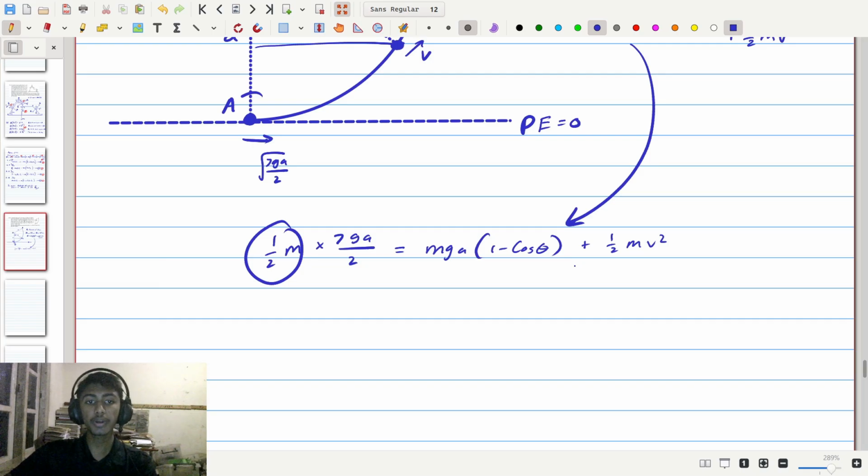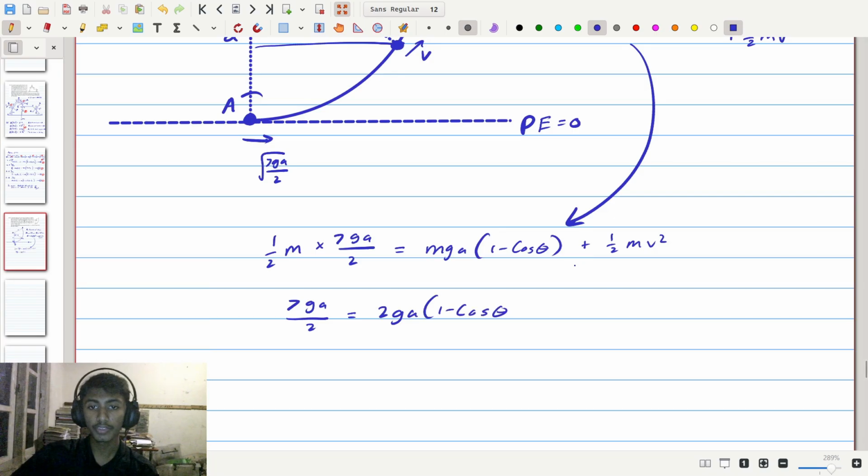So if we do that, we're going to have 7ga over 2 equal to, here if we multiply everything by 2, we're going to have 2. When m is gone, we're going to have ga times 1 minus cosine theta plus v squared.